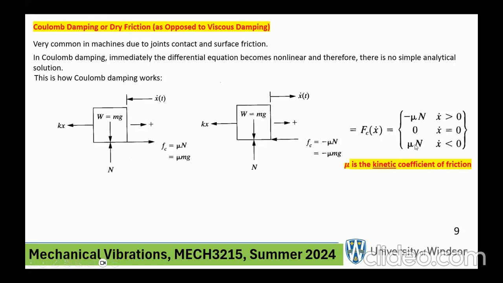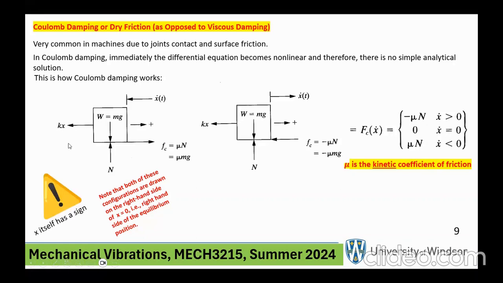Okay. There is a comment that I made here. Both of these blocks are assumed to be drawn to the right of the equilibrium position. And this is why some people may say, wait a minute, why is this kx the direction that it is? Now keep in mind that the value of x can be positive or negative because you're measuring from equilibrium position.